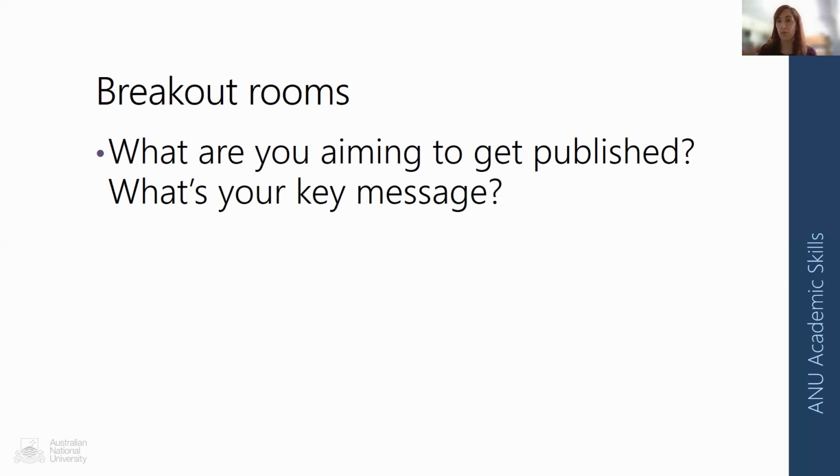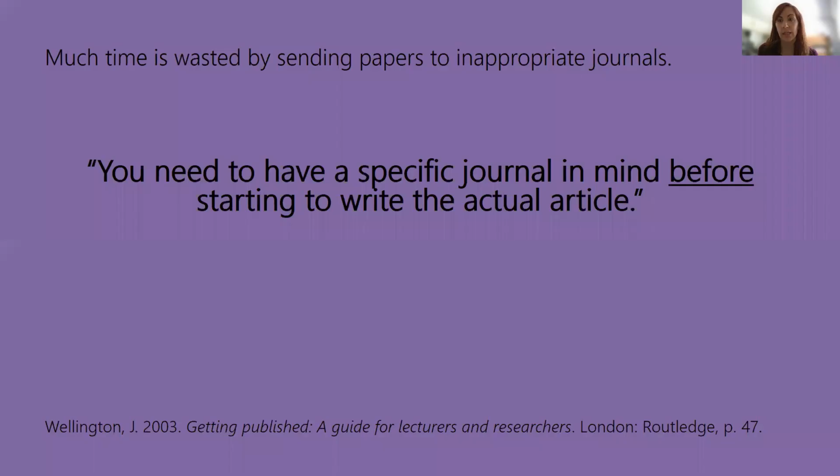You might have several audiences that would be interested in your key message. Once you've targeted a journal, you'll be able to write with that particular audience in mind, with the knowledge they have and the knowledge they need in order to understand the significance of your key message. So it's very important to have that specific journal in mind before you start writing the actual journal article.